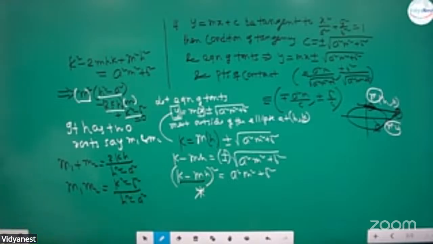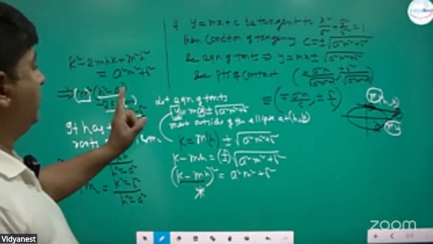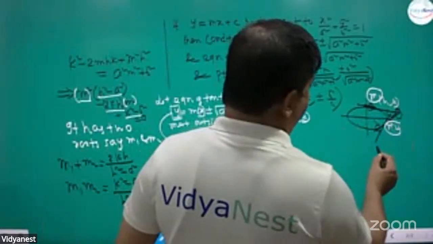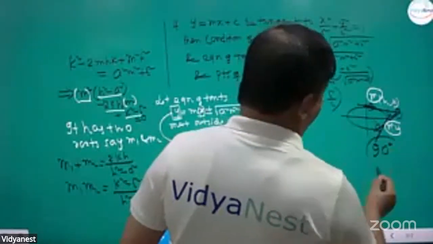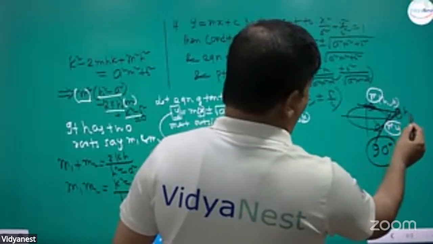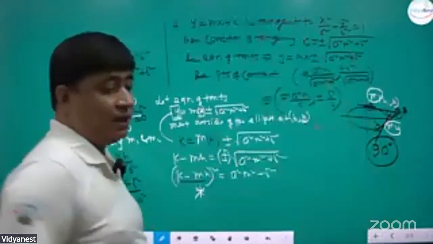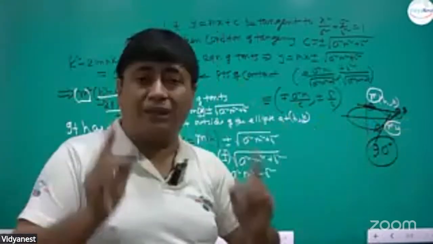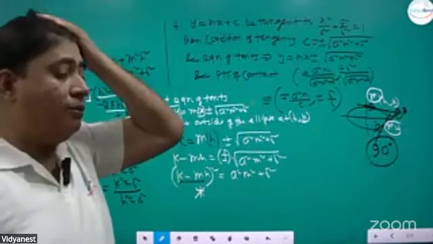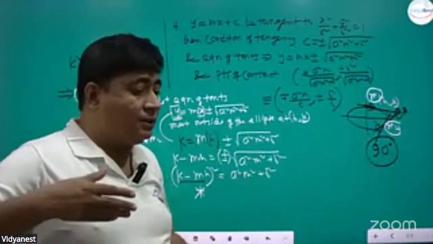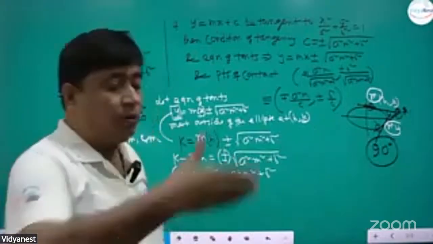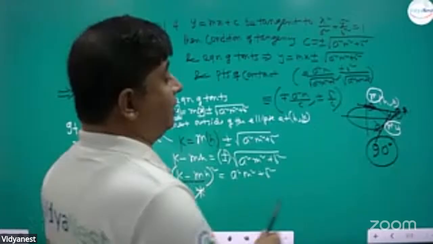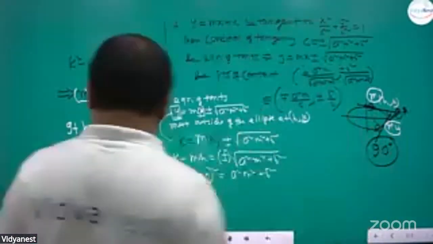Now you see, if the angle between the tangents is 90 degrees, then what will be the locus of that point hk? What is meant by locus? This point lies on which path? Suppose you are passing through a straight road. That means your path will be a straight line. So hk lies on which path?